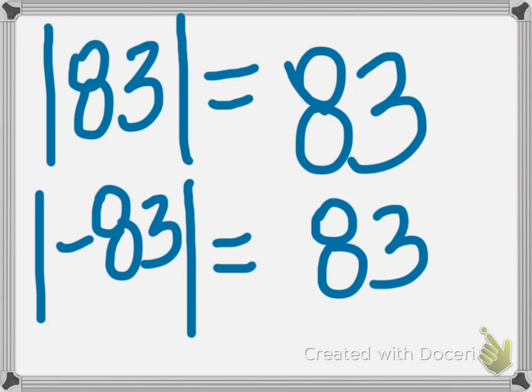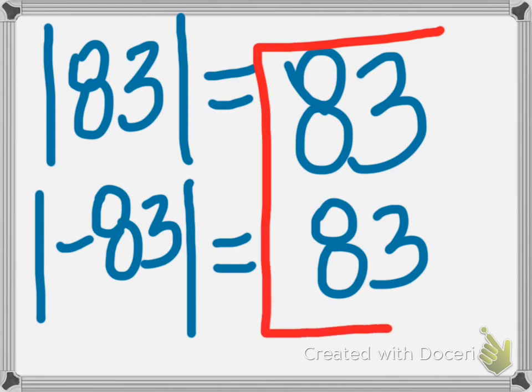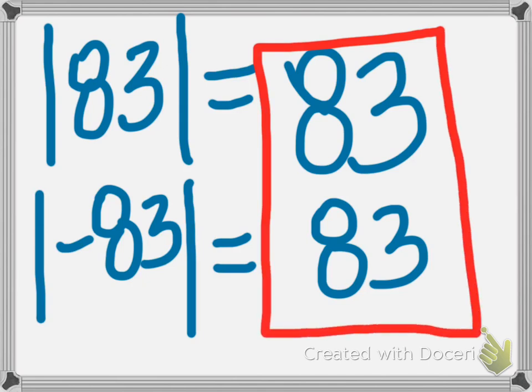So what we're noticing here is that the answer to both of these absolute value questions is positive 83. The answer to absolute value is always going to be a positive number, no matter if the inside of absolute value is positive or if it happens to be negative.